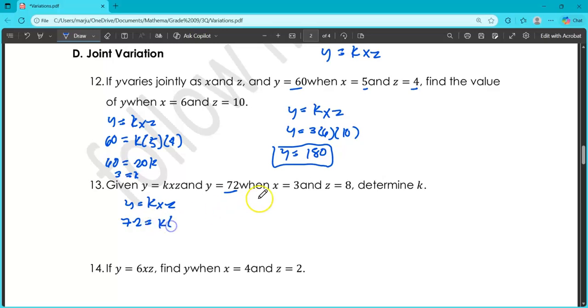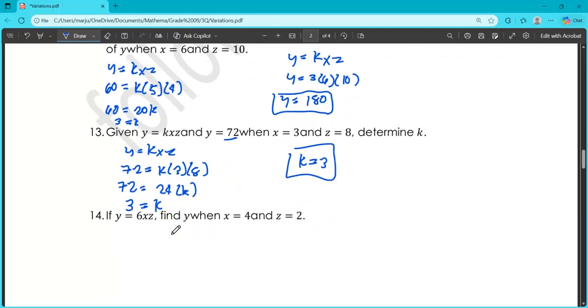K I do not know, but I know x is 3 and z is 8. So this is now 72 equals 24k. And then 72 divided by 24 is just 3, right? So k is equal to 3. So my answer is k equals 3.